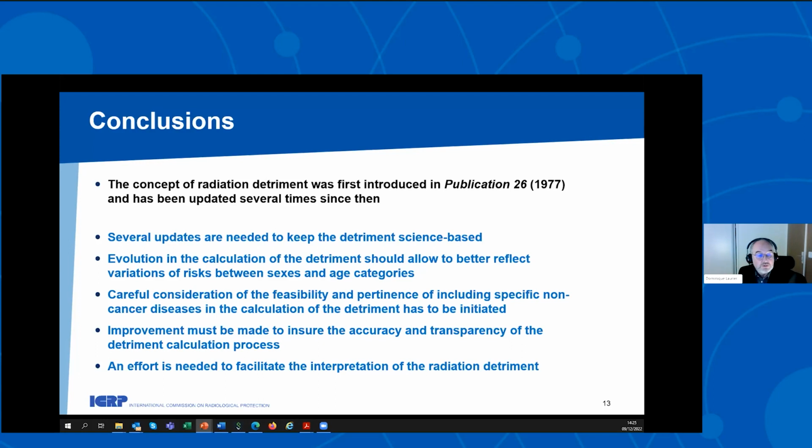That's clearly a question that we have to face today. Improvement must be made to ensure the accuracy and transparency of the detriment calculation process. And an effort is needed and is feasible to facilitate the interpretation of the radiation detriment.